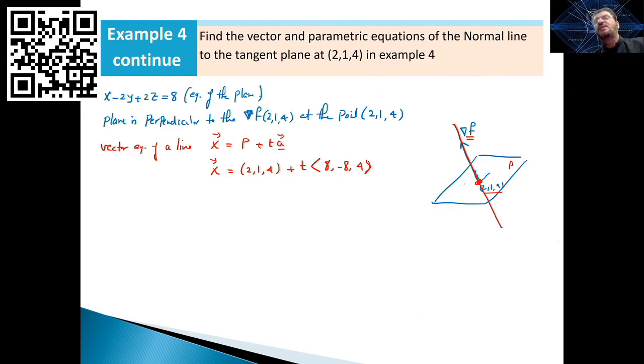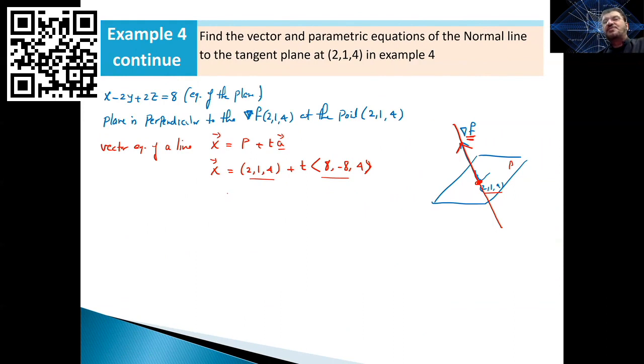He wants it at this point. Because it's passing through this point and it's perpendicular to the plane, then it's parallel to the gradient of f, because the gradient is also perpendicular to the plane at this point. So I used it as my parallel vector with a point on the line. I get this one. So this is the vector equation of the line.